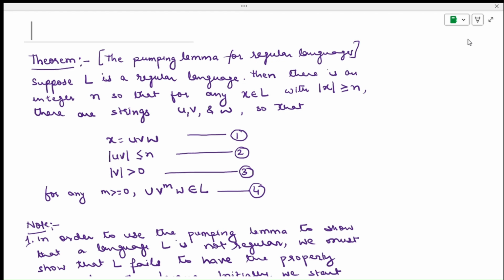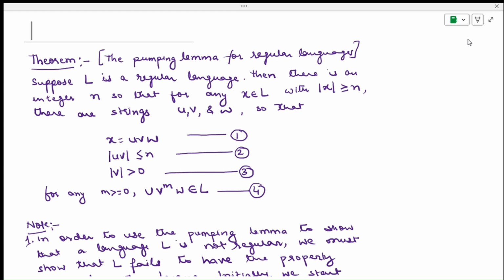So what we have to do, we have to follow this. First of all, suppose there is a language L, we assume that there is a language L which is regular. Take some string x of length n or greater, and x should belong to the language L. Now divide the string into three parts u, v and w, following these conditions: length of u concatenated with v should be less than or equal to n.